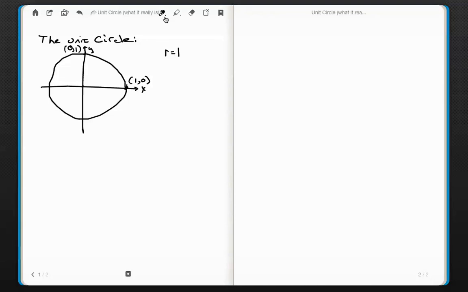Now when we draw a triangle in here, let's draw a ray in blue. So when we draw a ray that goes out like this at some angle theta, the little circle with the line through it is actually the Greek letter theta.